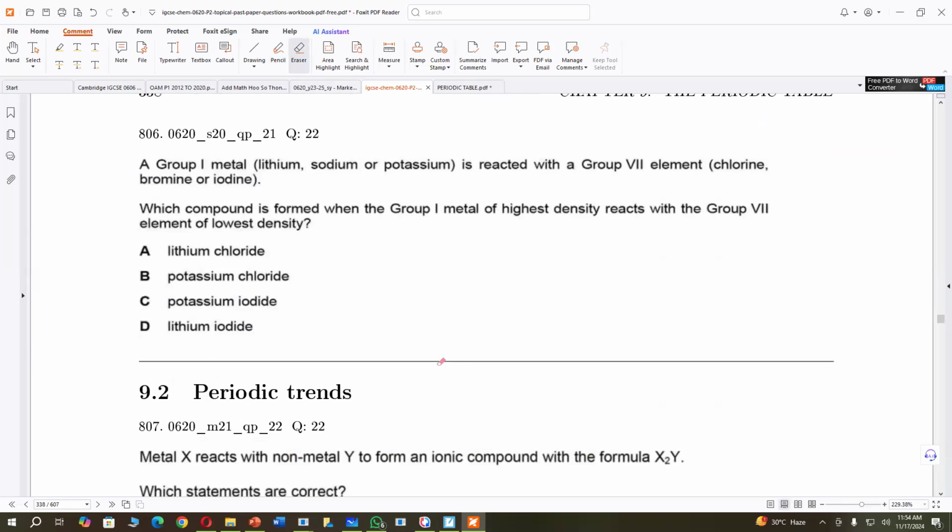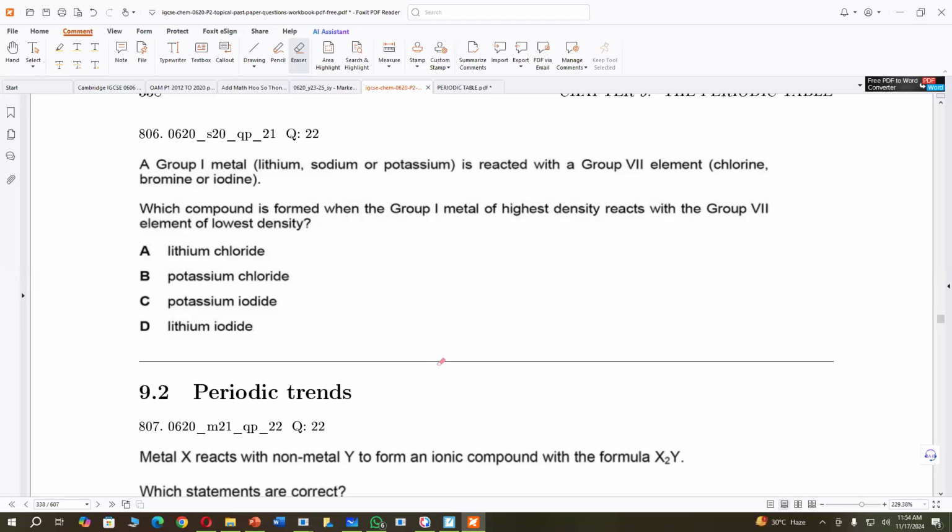A group 1 metal, lithium, sodium, or potassium, is reacted with a group 7 element, chlorine, bromine, or iodine. Which compound is formed when the group 1 metal of highest density reacts with the group 7 element of lowest density?